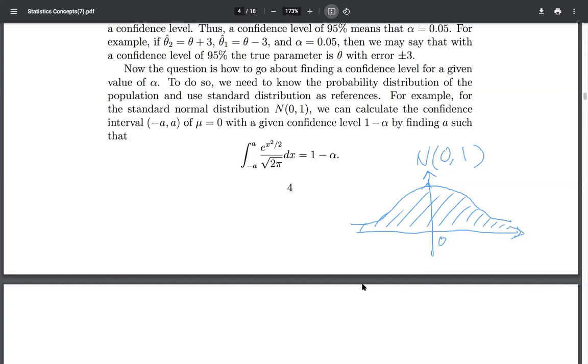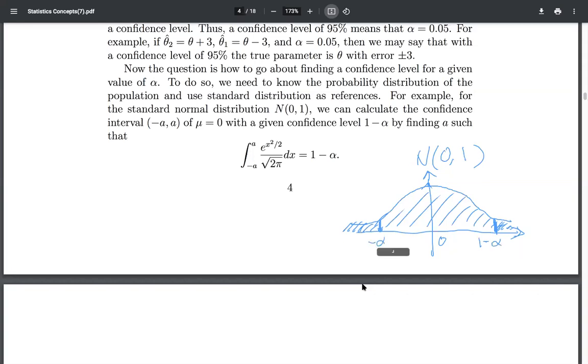So what good is this? The good thing is that because I know the standard distribution, I can compute this at any point. So this represents the probability starting from this alpha, 1 minus alpha.